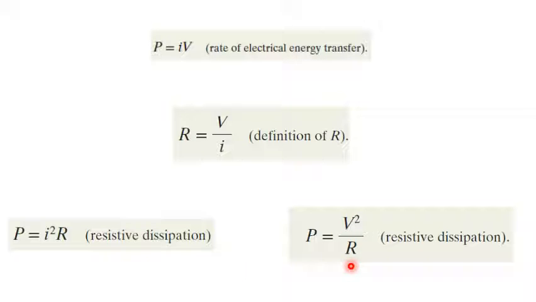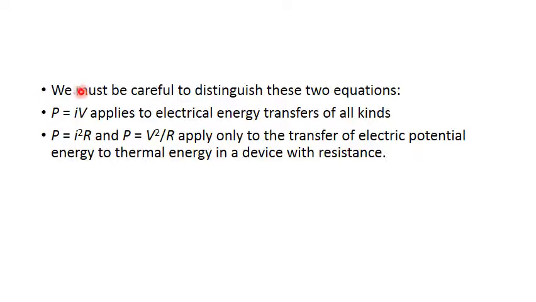But it should be taken into consideration that this power is the power dissipated in the resistance. But I multiplied by V is the total power in the circuit. Even if the circuit was composed of just one resistance, in this case the total power in the circuit is the power in the resistance, but effectively I squared R and V squared over R is the dissipated power in the resistance R. That's what we are saying here.